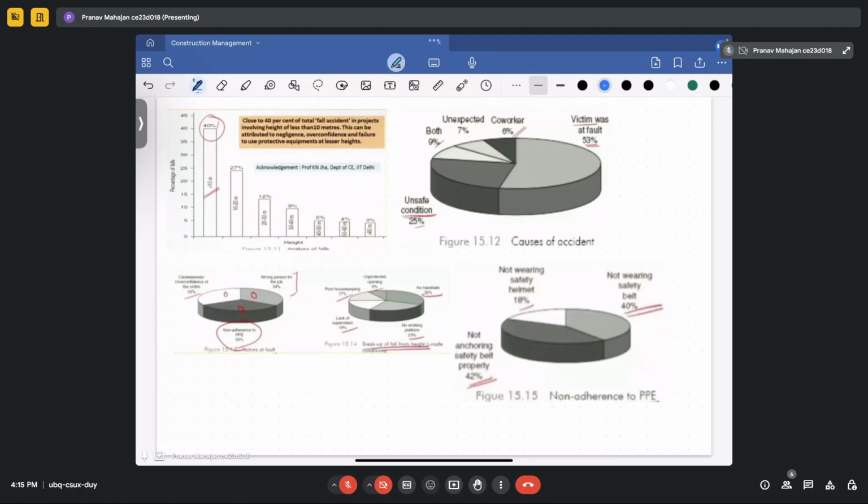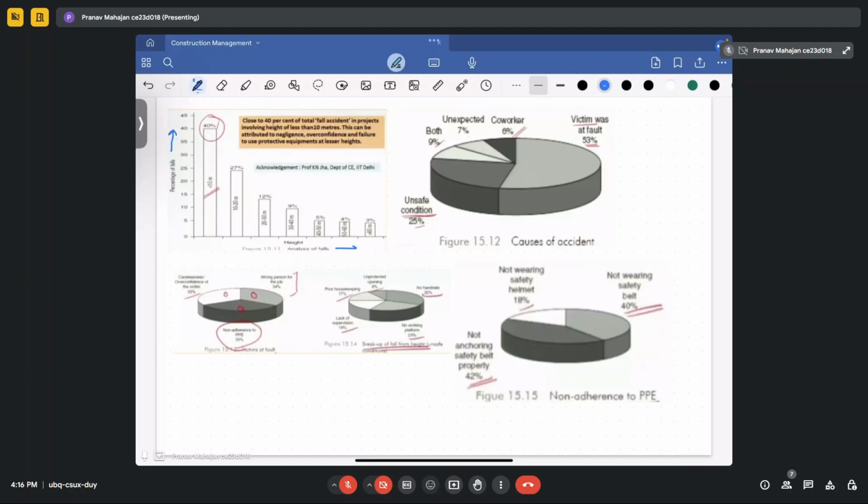Another thing you can see from the figure is that the percentage of falls also contributes a major part to the risk to the life of the workers involved. Close to 40% of the total fall accidents occur in projects involving a height of less than 10 meters.